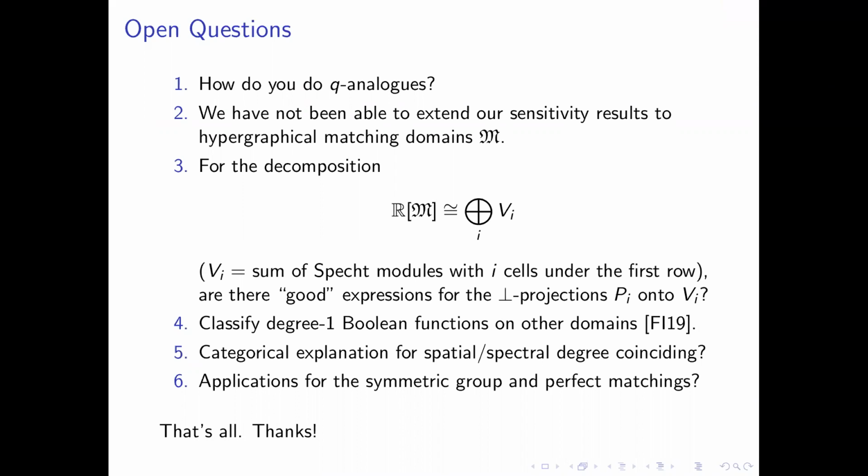I should mention that two of our audience members here, Yuval Filmus and Ferdinand Ihringer, have a joint paper where they classify some of these degree 1 Boolean functions on domains like the Grassmann scheme, other q-analogs, and some more schemes that are finite geometrical in nature.